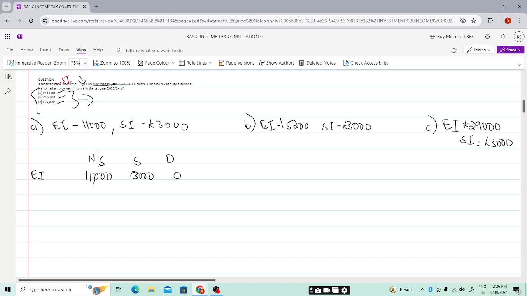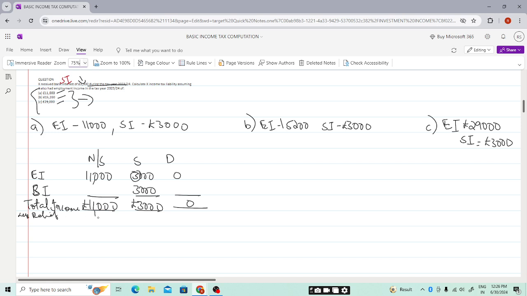Our saving income is the bank interest, which comes under the head of saving income. So our total income for each category will be 11,000 pounds, 3,000 pounds and 0.